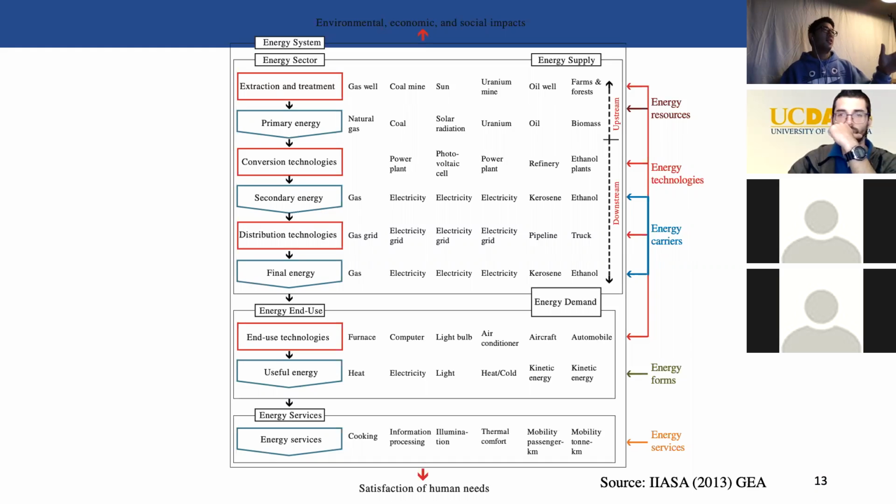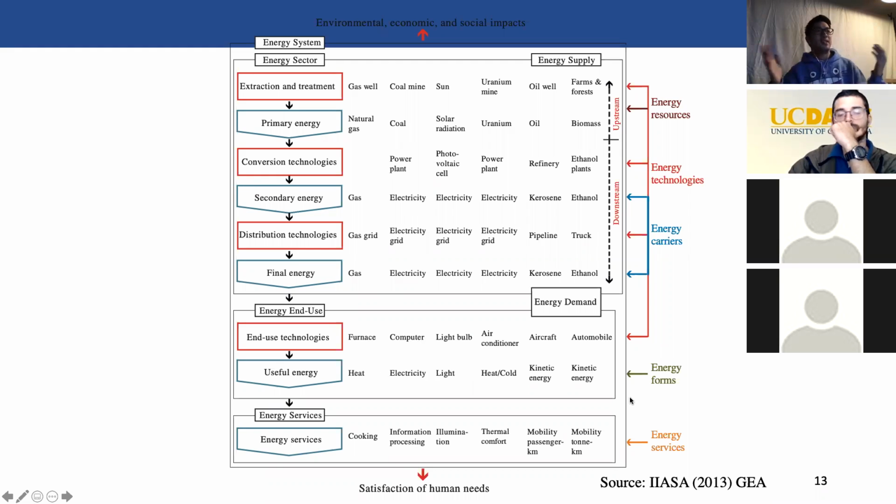There are a variety of different types of primary energy and fuels that you can see up at the top. Hopefully you'll be able to see my cursor here. And the transformation of the primary energy to, for example, electricity from coal going through the power plants, and then the end use of these different technologies, whether it be a computer, light bulb, or air conditioner, the type of energy that it's using or producing right at the end is shown in the useful energy bar here.